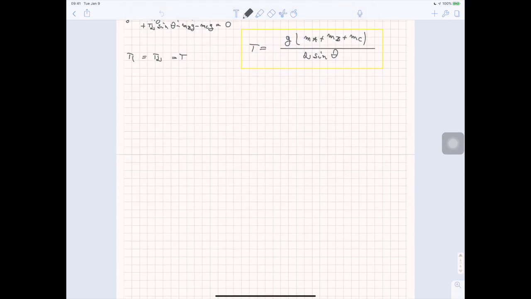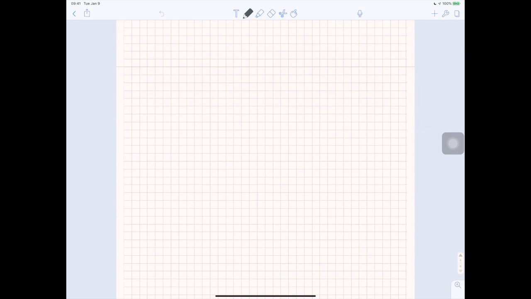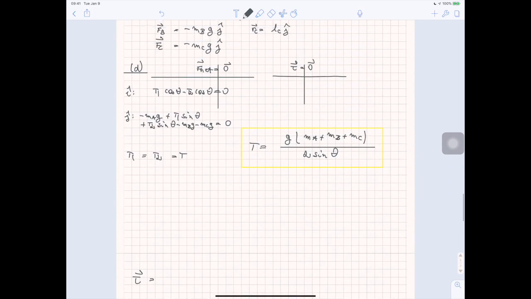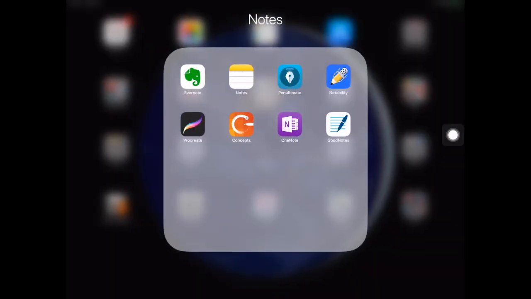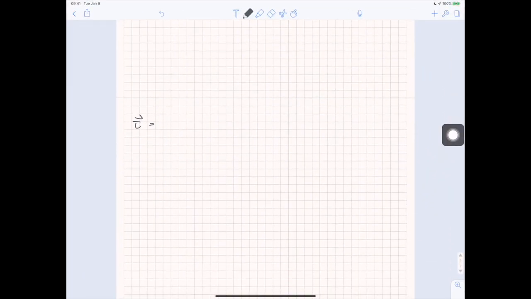So the torque has now 4 contributions: from T1, T2, FB, and FC. But we have all of the vectorial quantities, so this shouldn't be that difficult.